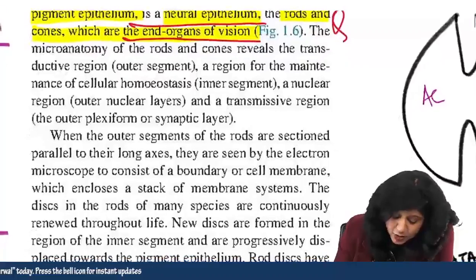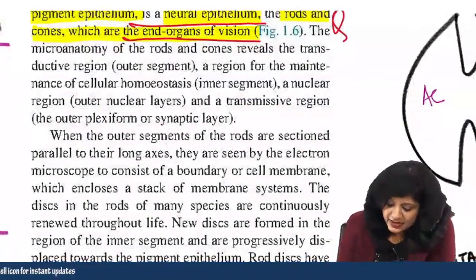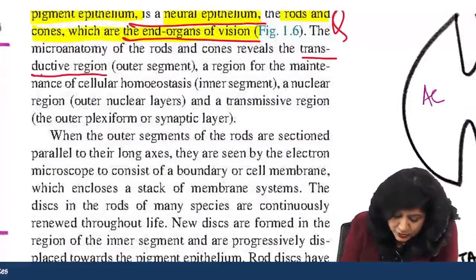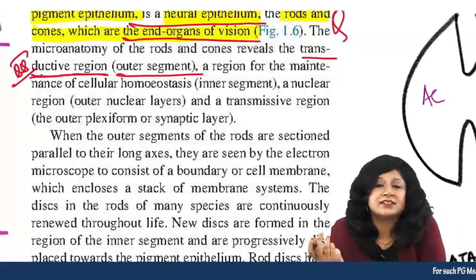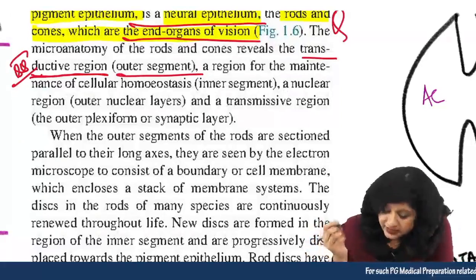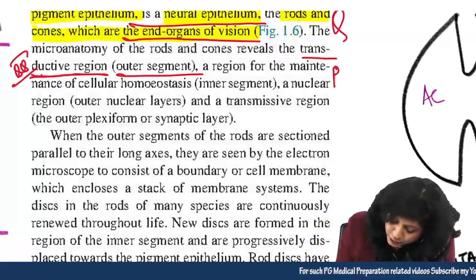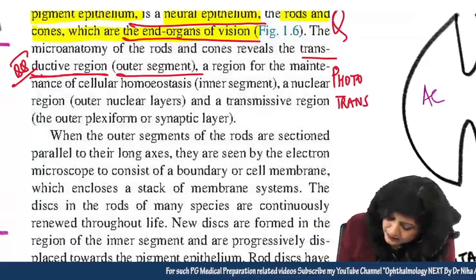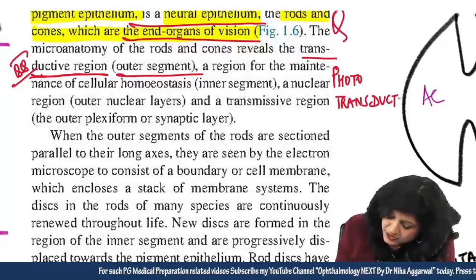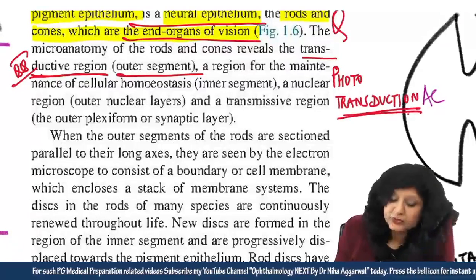The microanatomy of the rods and cones reveals the transductive region. This is your outer segment. Now this is a very, very important thing. We will be seeing this in successive chapters, that there is a thing which is called phototransduction.